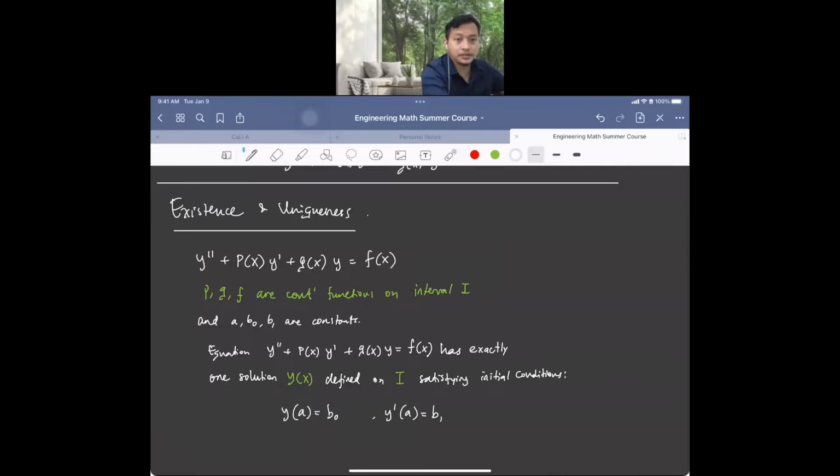We will have the solutions when we have the certain initial values, okay? Certain initial conditions.